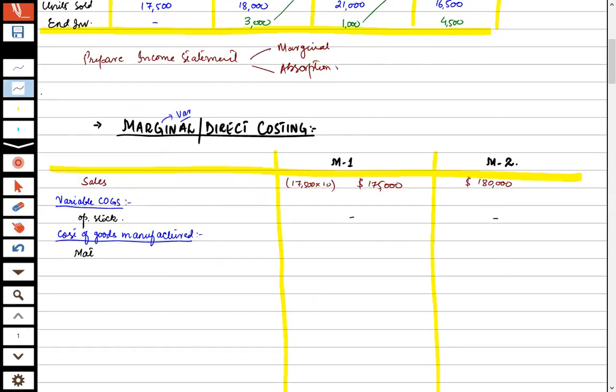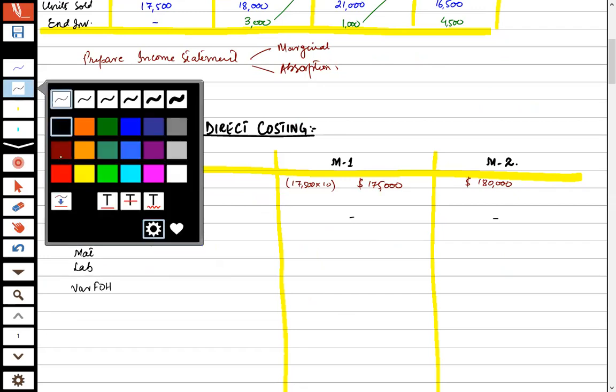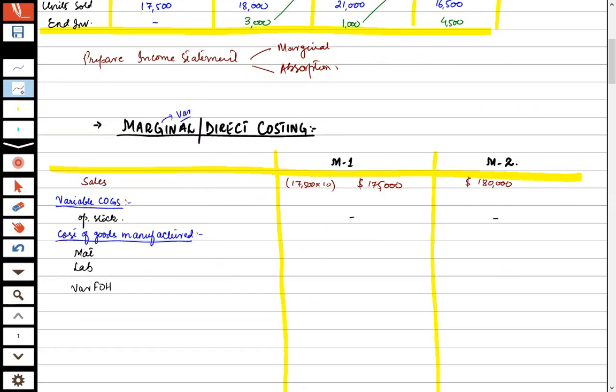So material, labor, and variable FOH. These costs would be 52,500, 39,375, and 13,125.